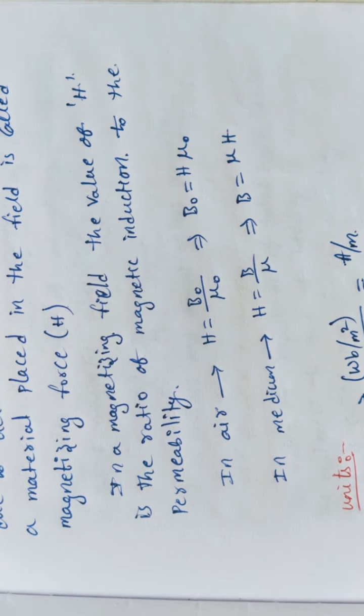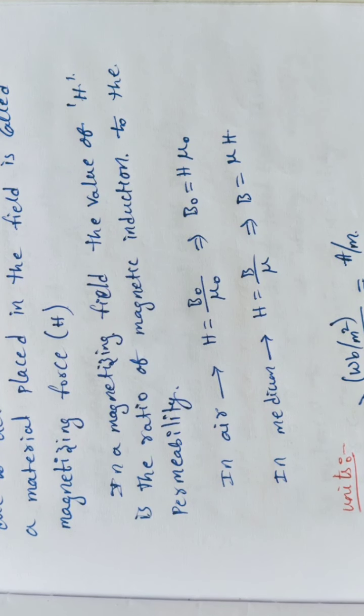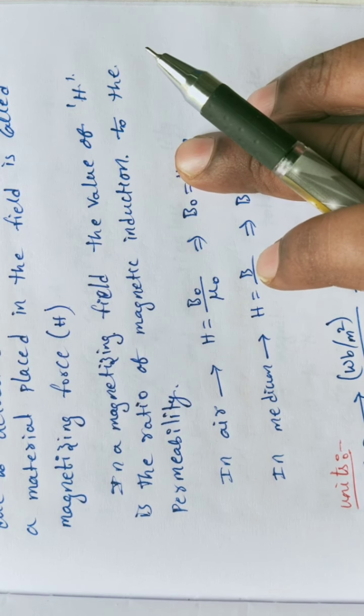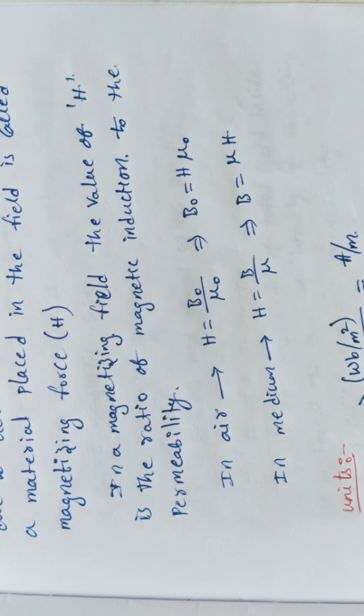Then B naught can also be taken as H into mu naught, where mu naught is the permeability of free space or of an air medium.